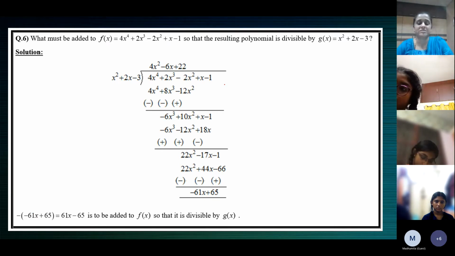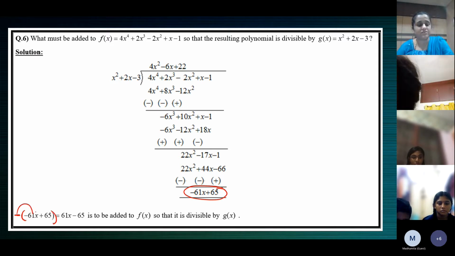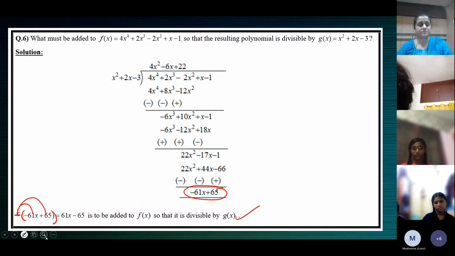If it is what is to be subtracted, whatever is the remainder is to be subtracted. What is to be added? The negative of the remainder. So when you apply the minus sign, it will become plus 61x minus 65 is to be added to f of x so that it is divisible by g of x.